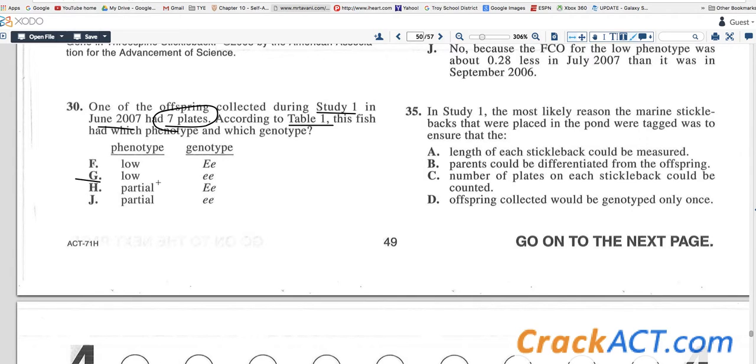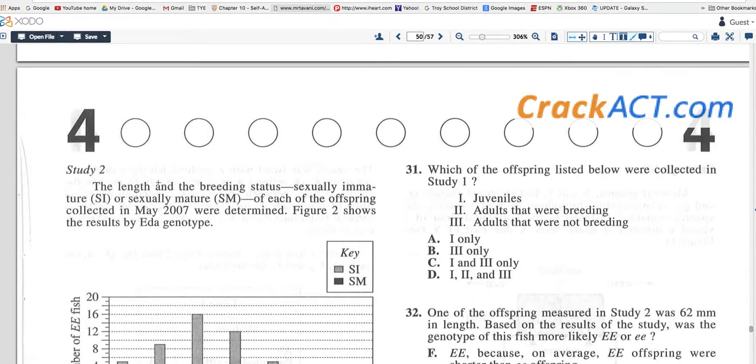All right, 31, who wants to do it? Krishay, give 31 a shot. So I went to study 1. Then when you look at the table and the graph, you can see that the bottom says juvenile, adult, and breeding.